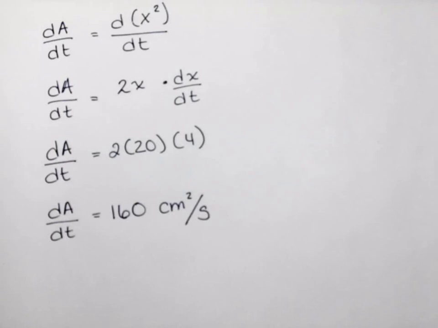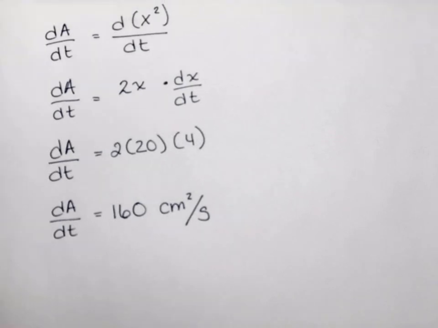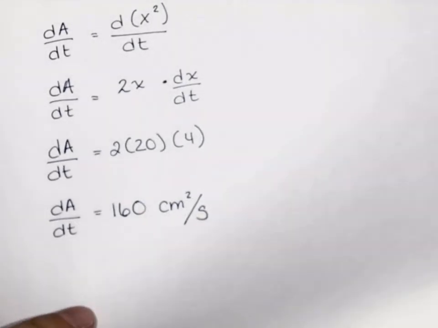So this is how we're connecting the two things together. Some people think, well, if that increases by 4, then the area has to increase by 4. It's not as simple as that. I wish it was, but it's not. Okay, so not too terrible, hopefully.